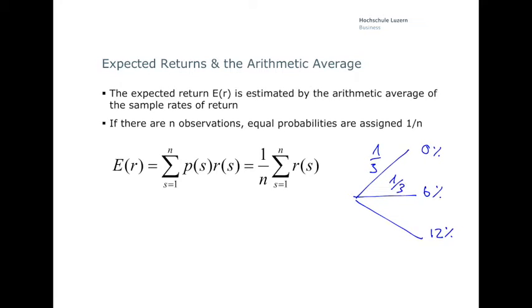Now, as you see, every state is equally weighted with 1/3. This would result in an expected arithmetic average return of 1/3 times the sum of 0 plus 6 plus 12%, resulting in 6%.